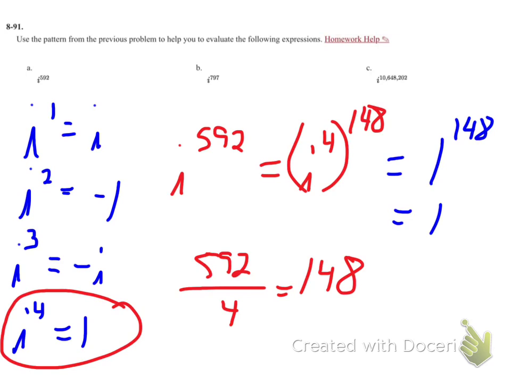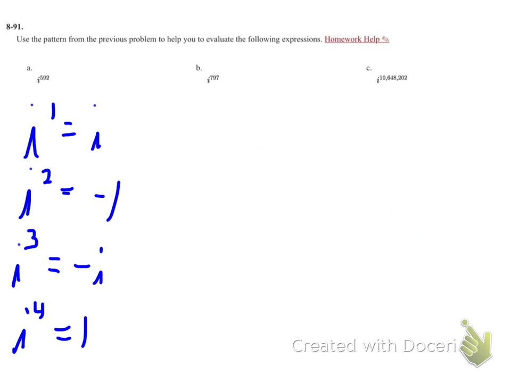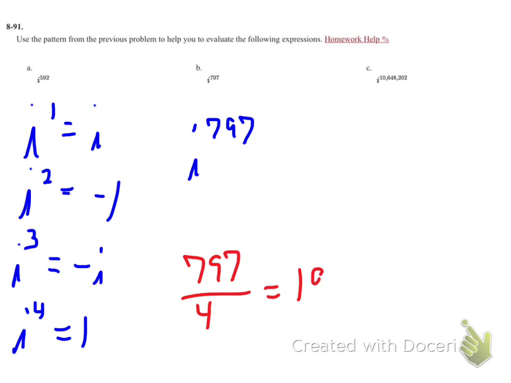So doing something similar with problem B, I go with i to the 797th. Well, 797 divided by 4, that one will not divide evenly. That one is going to be 199.25, which is the same thing as 199 and 1/4 left over. So there's 1 left over.